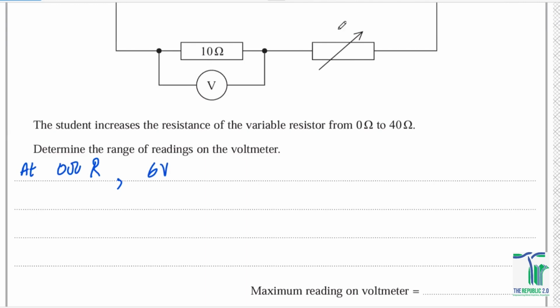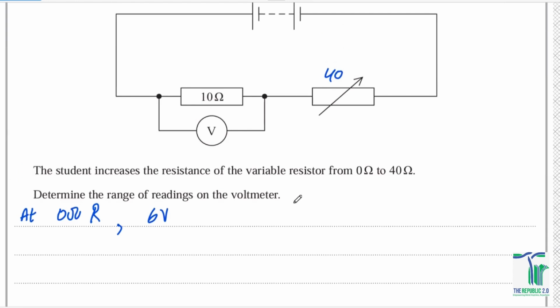But when this is going to be the maximum resistance, meaning 40 ohms, we need to determine the voltage across it. So at 40 ohms resistance, I'm just going to use the equation for the potential divider.